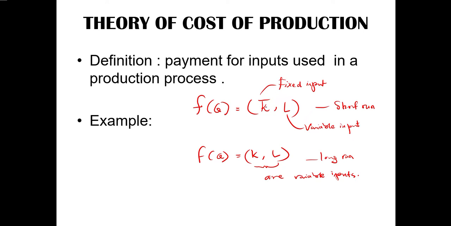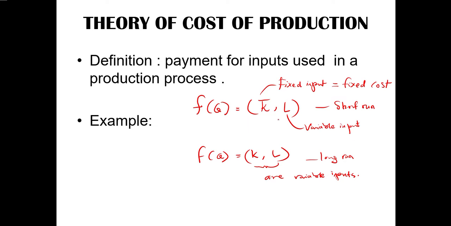Because the value of capital is unchanged, that's why the cost will become fixed cost. Cost dia pun akan tetap. You sewa kedai kan, antara example of capital adalah sewa kedai kita, tempat kita berniaga. So bulan ni bayar 500, bulan depan mesti 500 juga kan, sebab you ada satu kedai je. Kecuali lah kalau you ada dua kedai, bulan kedua dah bertambah satu lagi kedai, bulan kedua akan jadi 1000.